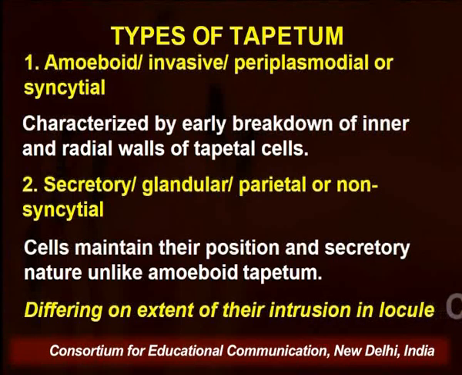This is characterized by early breakdown of inner and radial walls of the tapetal cells. The second type of tapetum is the secretory or glandular or parietal or non-syncytial tapetum. In this case, the cells maintain their position and secretory nature unlike that of amoeboid tapetum.